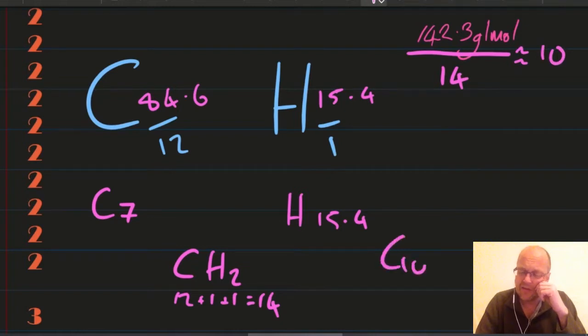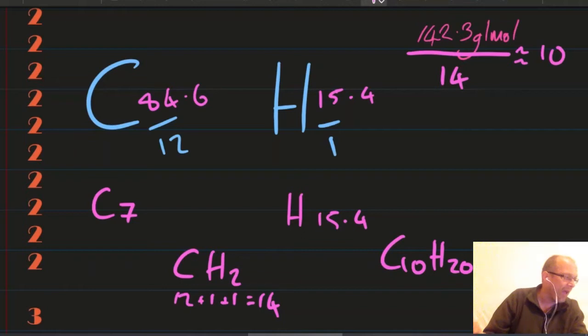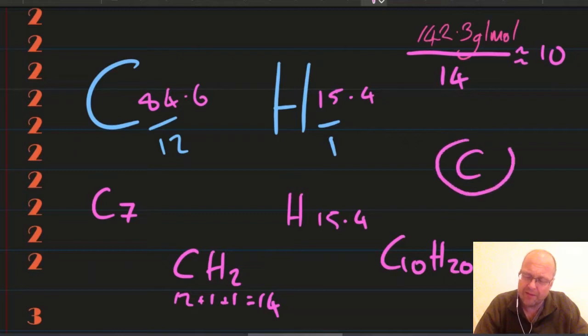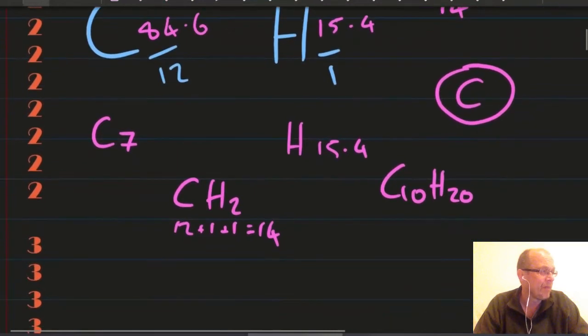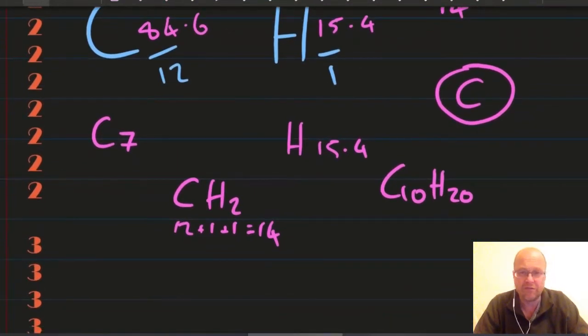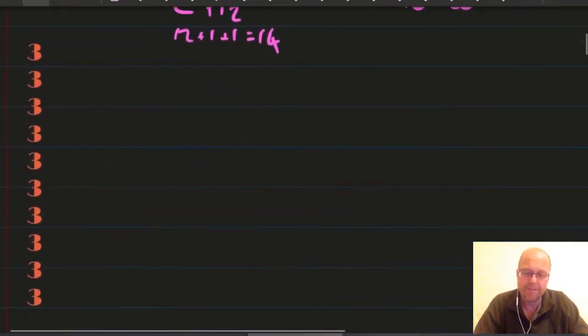So that's going to be C10H20. That isn't any of the answers, but the closest is C. And that just feels weird, like I did some over-rounding, some under-rounding. Oh, but C's the answer. Or you could just look at molecules A, B, C, and D, and then just add up their molar masses and see which one's 142. That's the other way to do that.